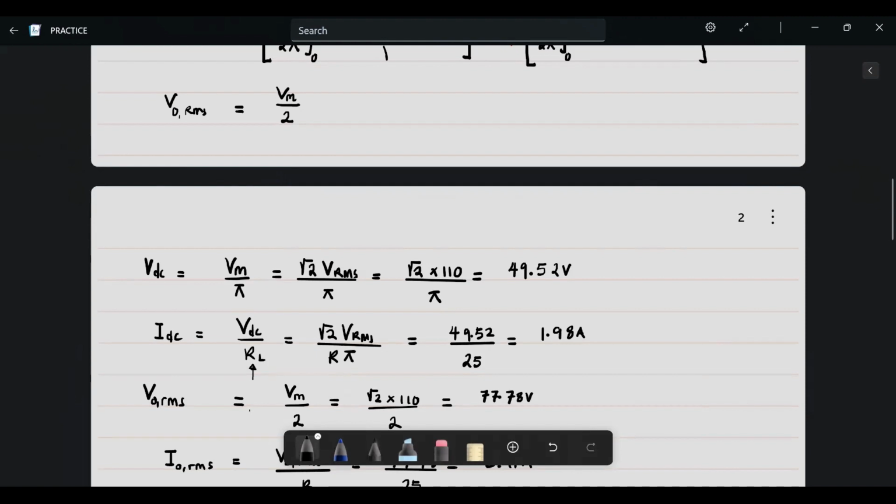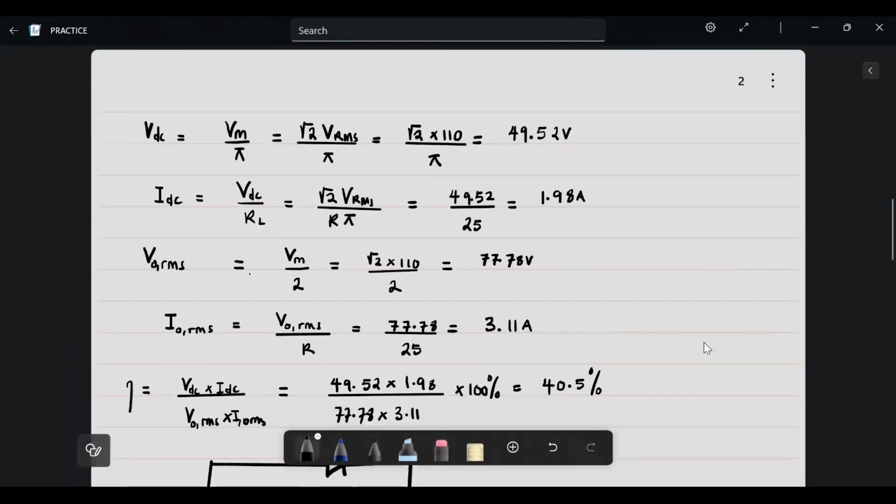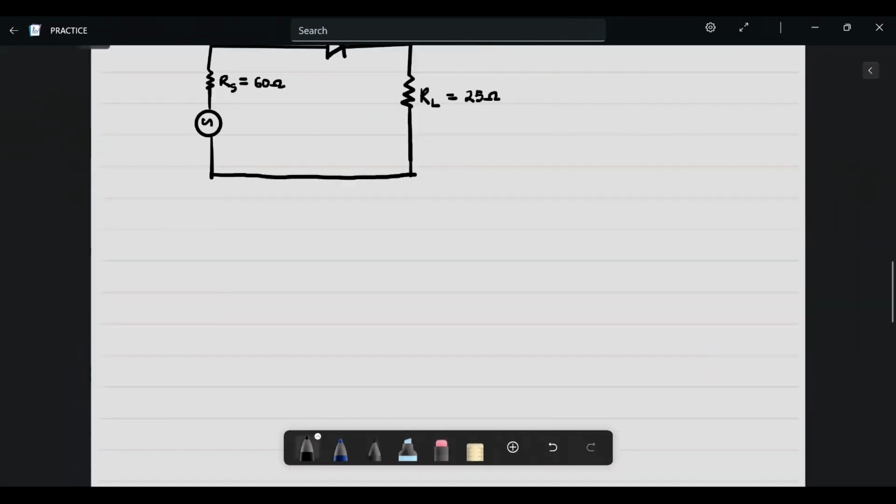Which resistor now are we referring to? Okay, let's move. People are not responding. Which resistance are we referring to? Or you mean the total series resistance? Yeah. We are supposed to add 60 and 25.